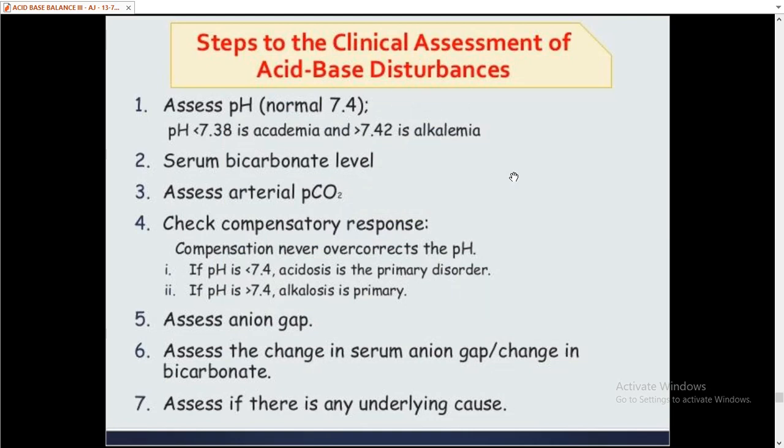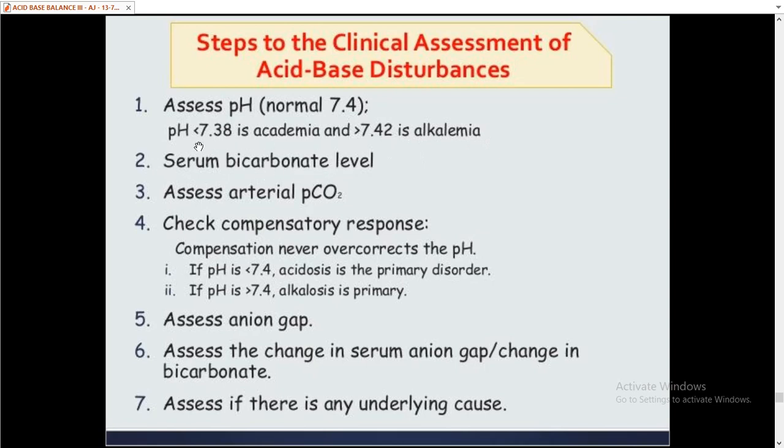There are certain steps in assessing the acid base disturbance of a diseased patient. First of all, you have to see the pH, whether it's normal, acidic or basic, that is alkalemic. Then see the bicarbonate level.